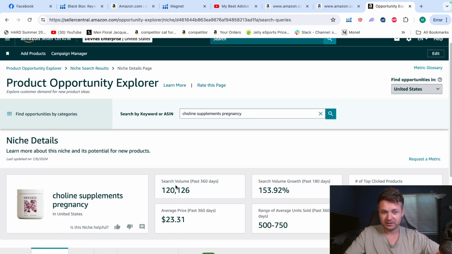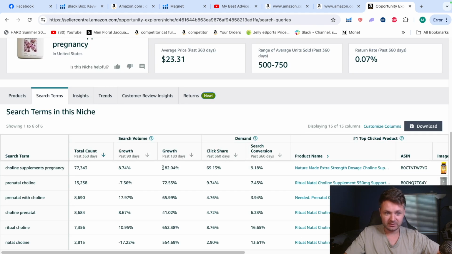And then we'll click the specific search term, and what's cool is we can see where our industry conversion rate is by search conversion in the past 365 days. So this is actually pretty good. What's cool is this is just the average among bad listings and decent. So with my market I sell in, our industry conversion is 8%, and my conversion rate in general is around 12 to 13% usually.